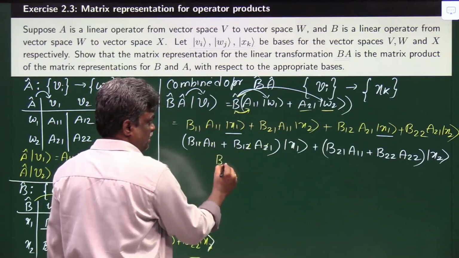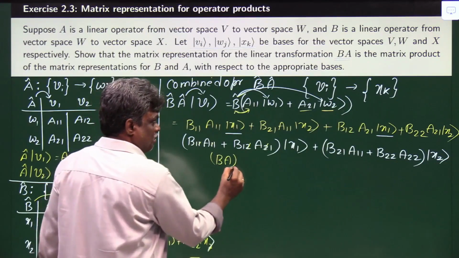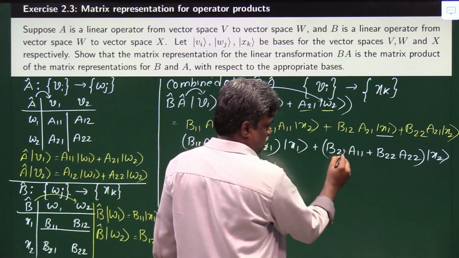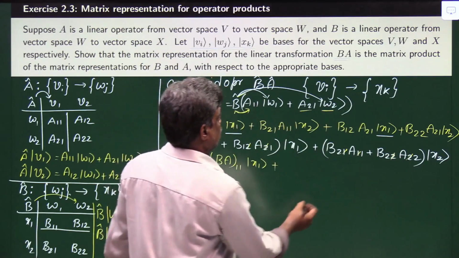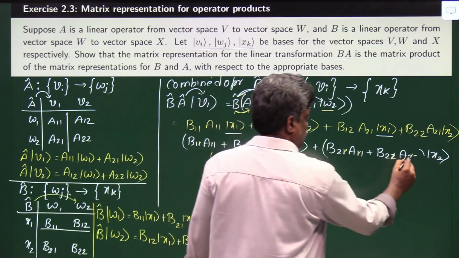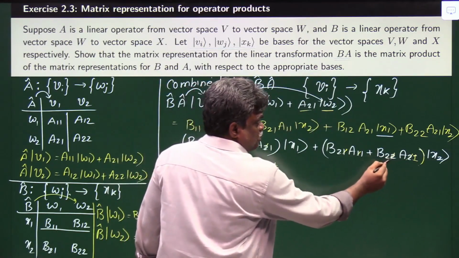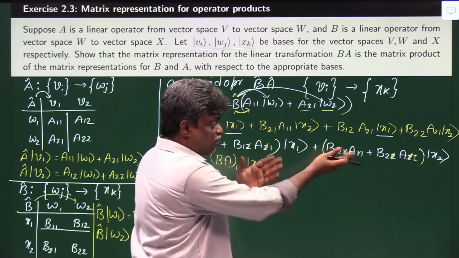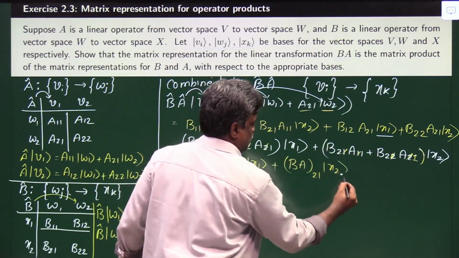So this is nothing but the BA matrix, the combined matrix product, first row, first column, X1 plus, and here also if you see this row and column gets cancelled, and I think this is not 2 2. I'm sorry. This is a 2 1. So here also 2 1 gets cancelled, and you got the element. Which element is it? Second row, first column. So this is nothing but BA second row, first column, X2.